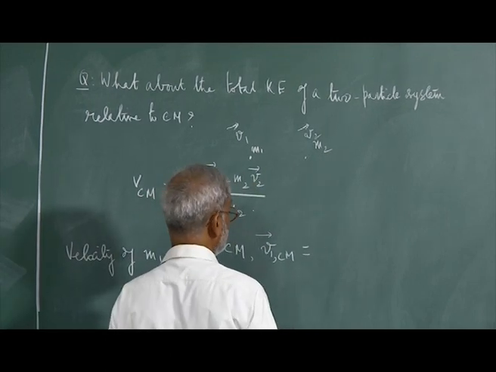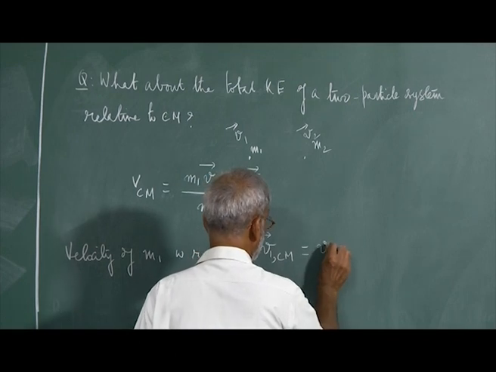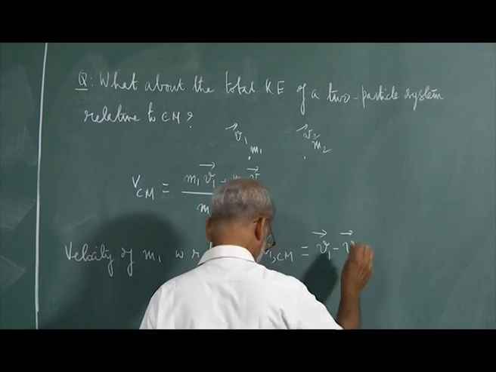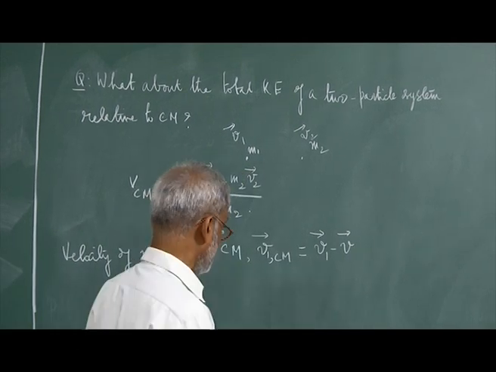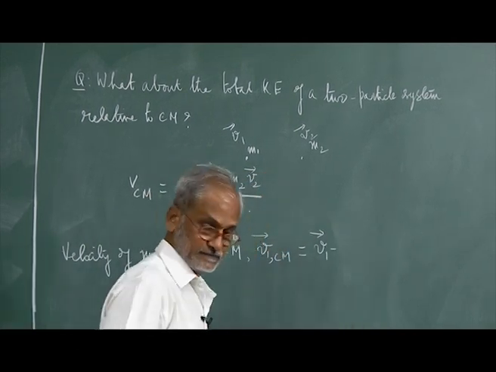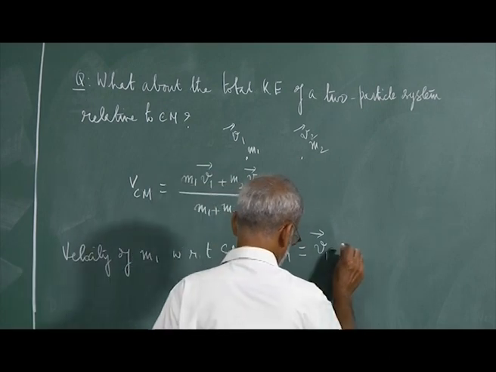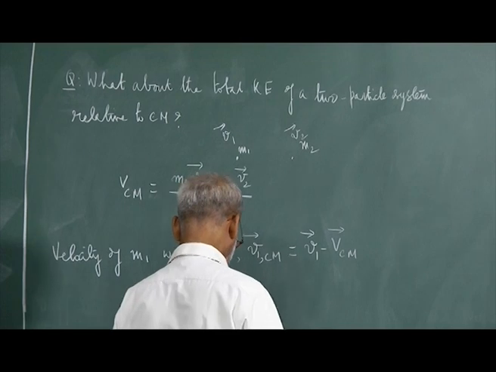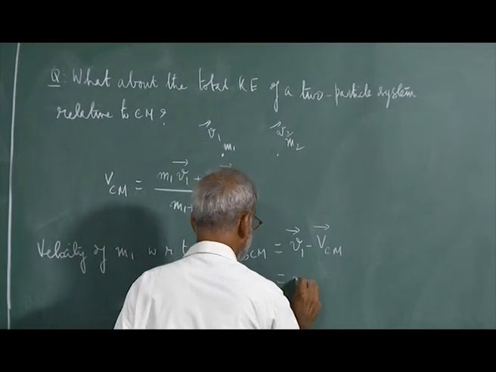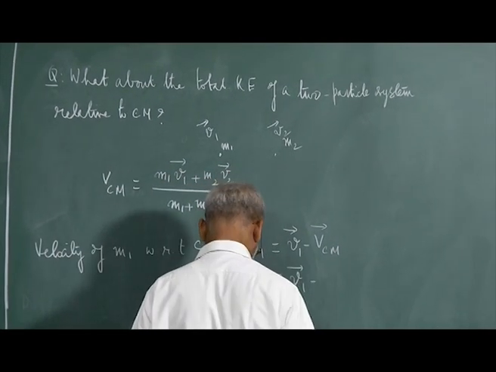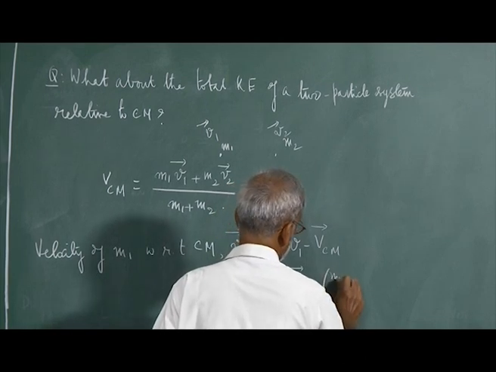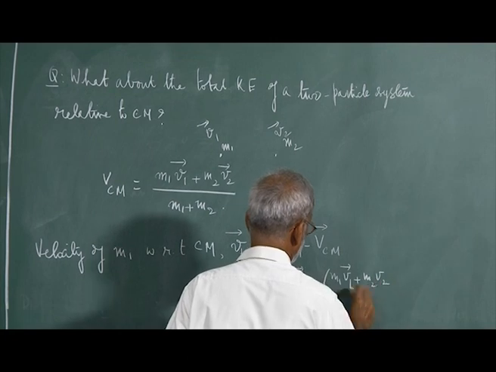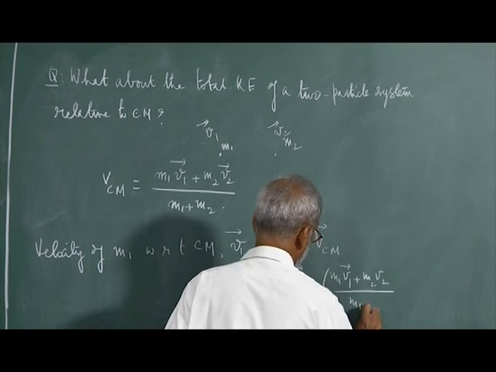It is a relative velocity, it is nothing but by definition v1 minus velocity of center of mass. This is nothing but v1 vector minus m1 v1 plus m2 v2 divided by m1 plus m2.